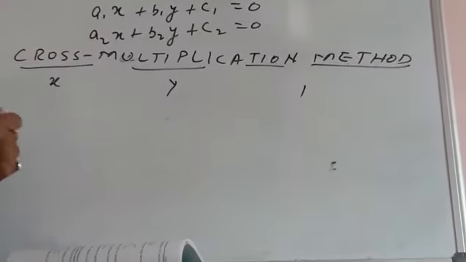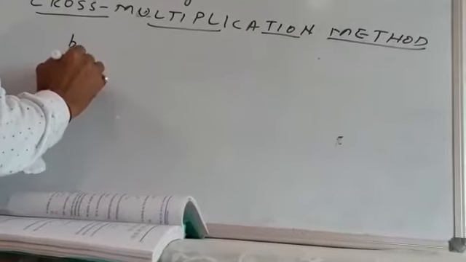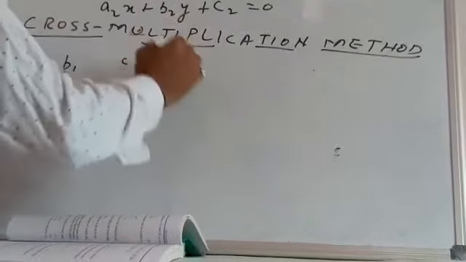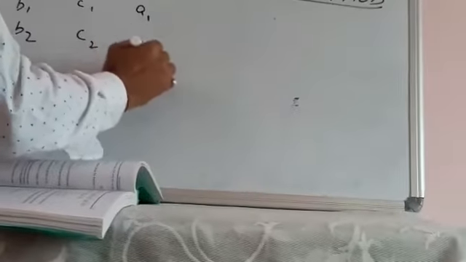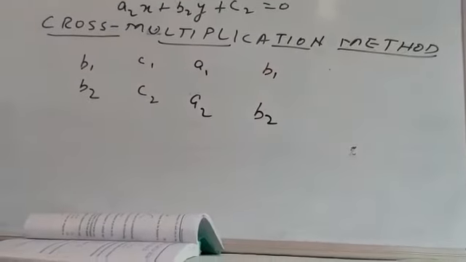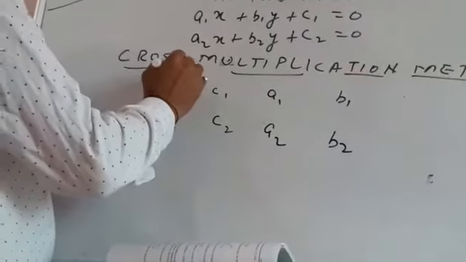First, we write the coefficients of y, which are b1 b2, then the constant part, c1 c2, then the coefficients of x, a1 a2, and again b1 b2. So remember, we start with b1 b2 and we end with b1 b2. Here we write x, here y, here 1. And now you can form the formula.